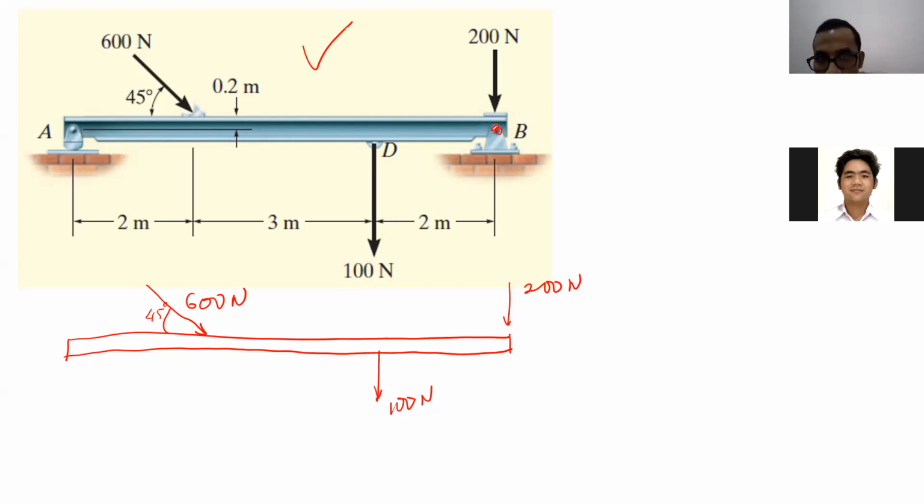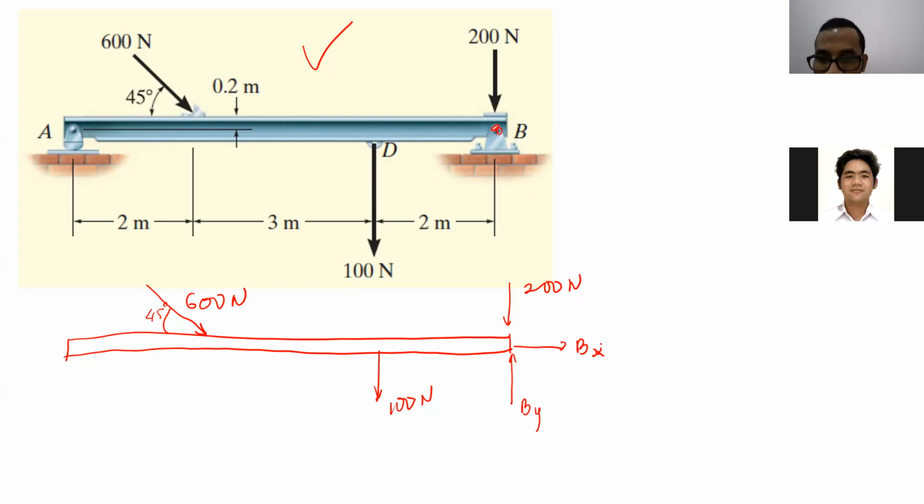Because of that, we have to replace the pin at point B with a reaction force, vertical and horizontal, because as you told me just now, it restricts vertical movement and restricts horizontal movement as well. Do you get it, Aryoga?